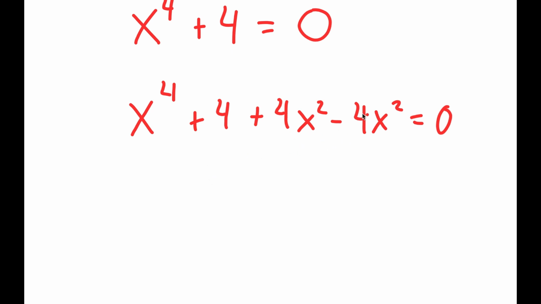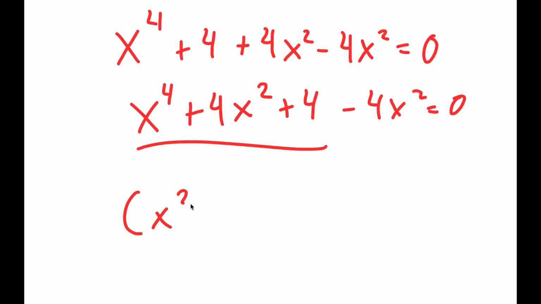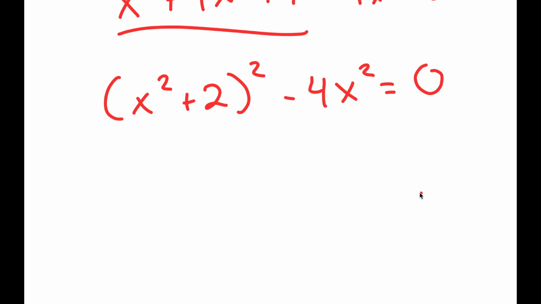I can ignore this negative 4x squared for now and just focus on x to the power of 4 plus 4x squared plus 4. And I can rewrite this as x squared plus 2 squared minus 4x squared is equal to 0.